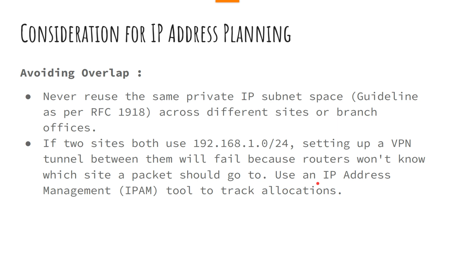And to make things simple, you can use an IP address management tool, which tracks the IP address allocation. Basically, the IP address management tool keeps the inventory of the IP addresses for all the different locations of your network, which may be located in the same geographic area or multiple geographical areas.